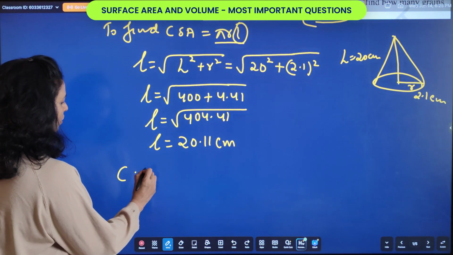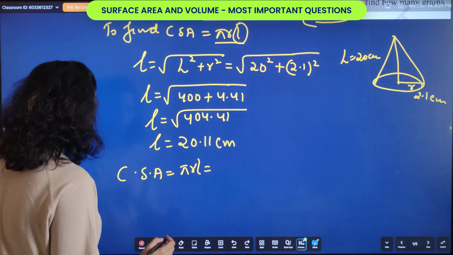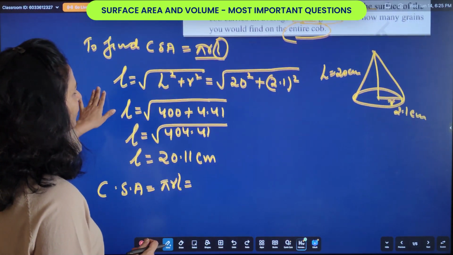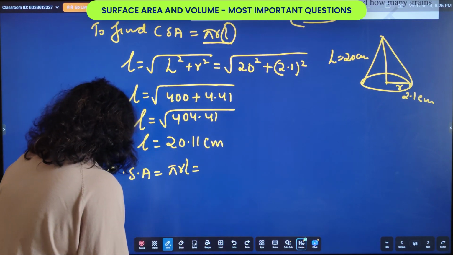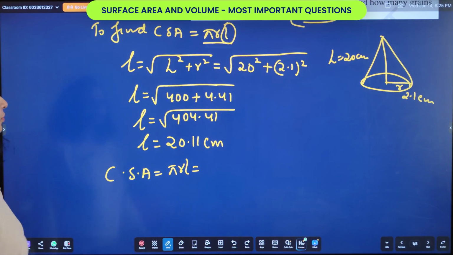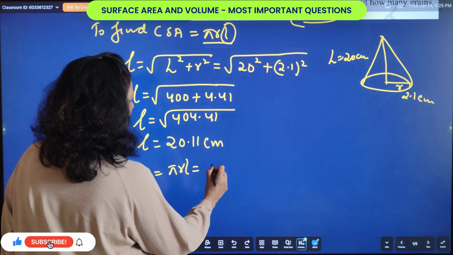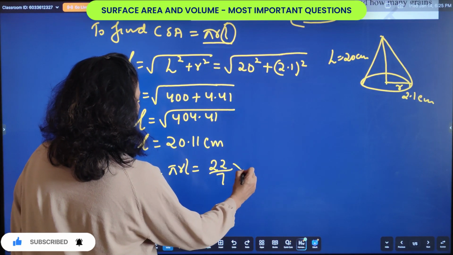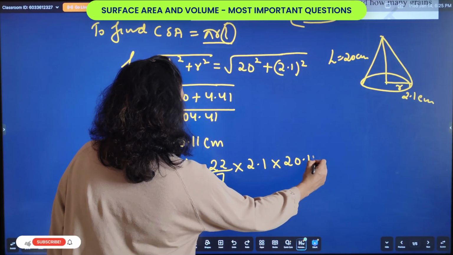So we have to find now CSA, that is pi r L. The pi value they have not given, so we can take 22/7 only. Now here we have to find CSA, that is pi r L, that is 22/7 into r was 2.1 and L is 20.11.